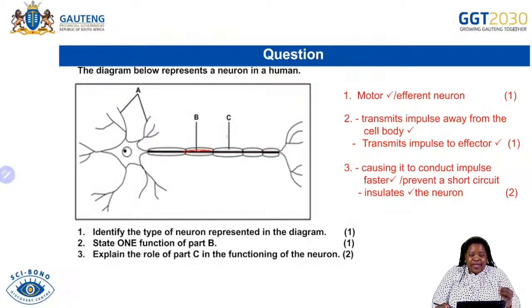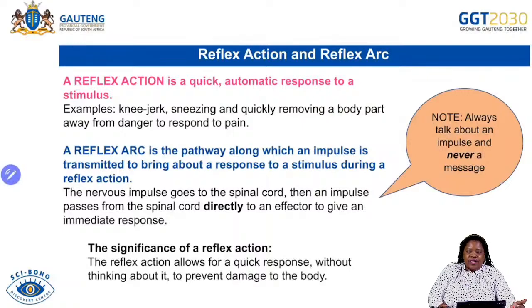No. But if it is wrapped by the myelin sheath, it assists the impulse to be transmitted faster. So it causes it to conduct impulses faster, or it prevents a short circuit, or it insulates. One of the functions of the myelin sheath is to serve as an insulator. That is for 2 marks.